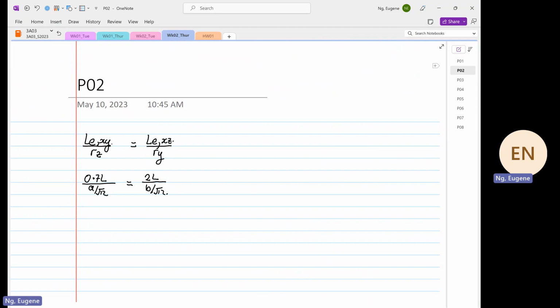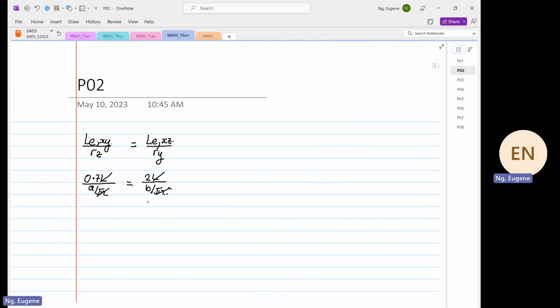Okay. So now we can cancel our L's. We can cancel our square root 12. Okay. So A over B. So we now have worked out our ratio now.